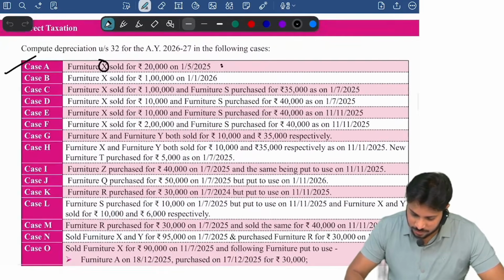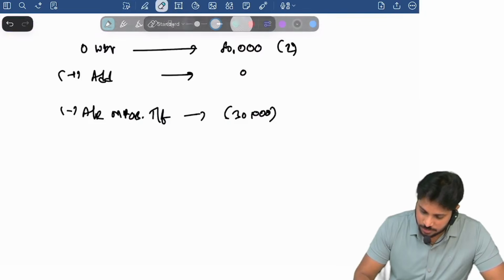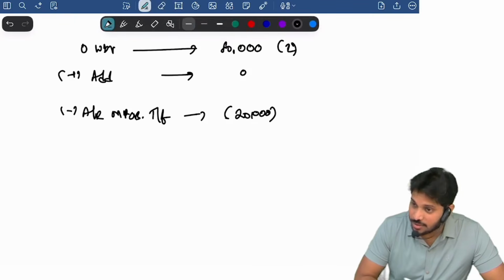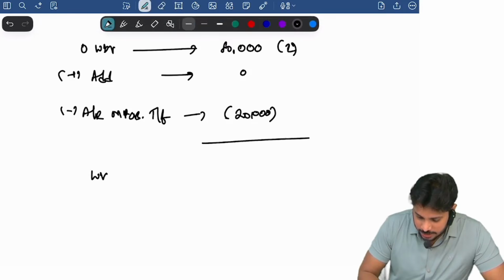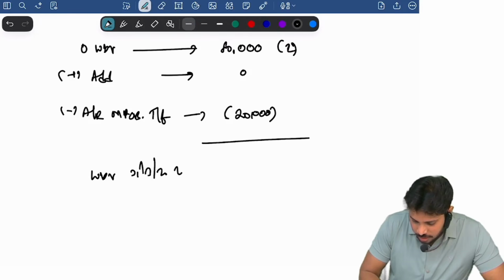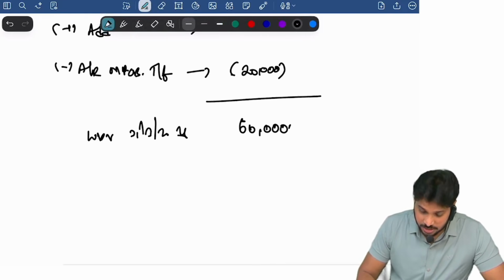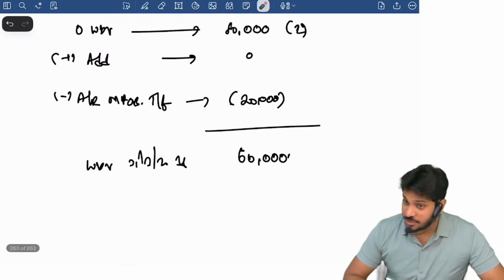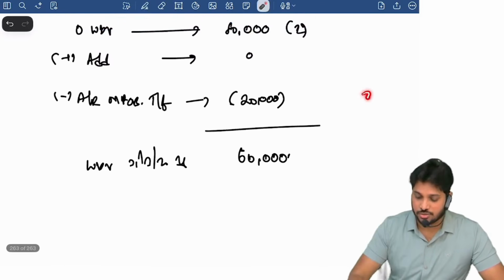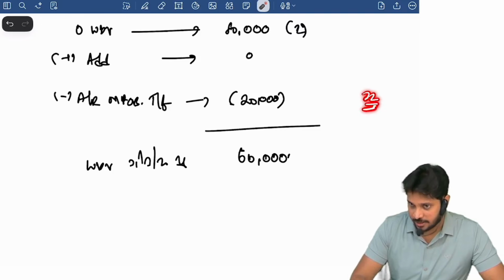What is the sale value of the furniture? 20,000. Now what is the WDV on 31st March 2026? 60,000 is the WDV, correct? Now this is before depreciation. When you want to calculate depreciation, in our concept class we understood that to apply section 32, 2 conditions have to be satisfied.